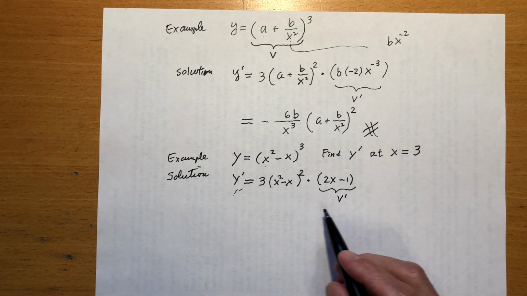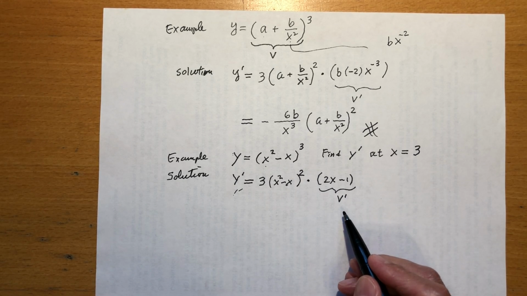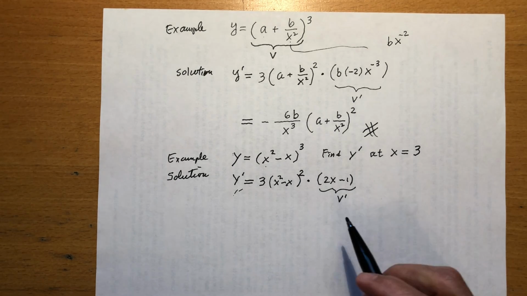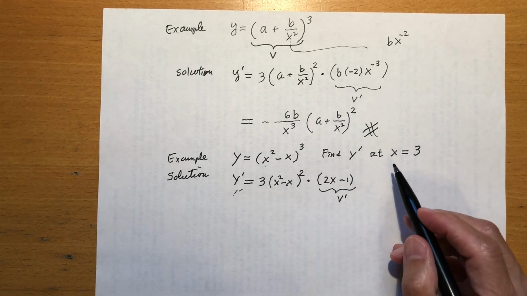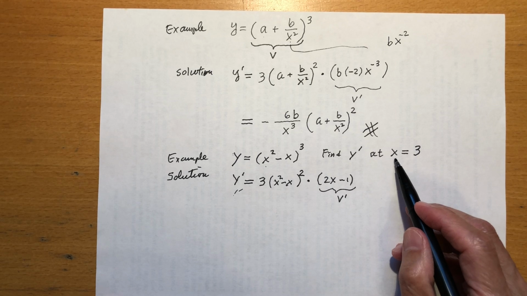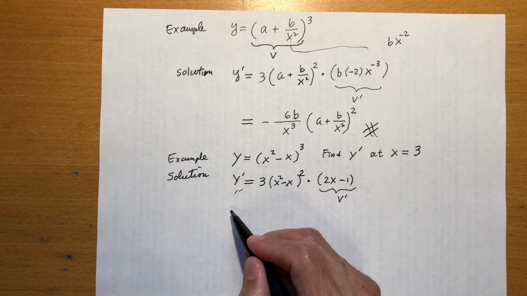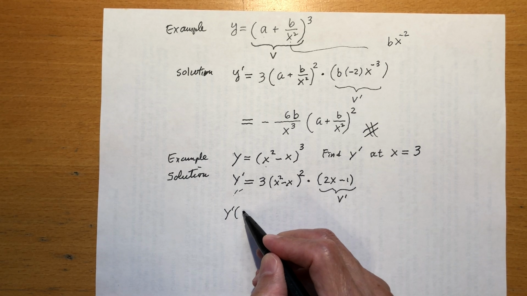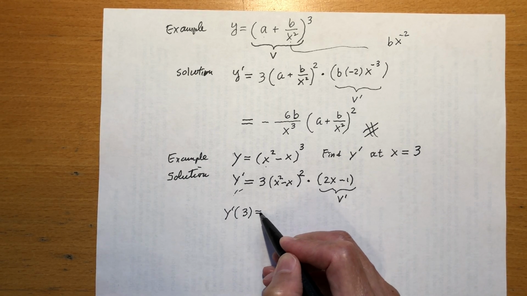Okay, so I rewrite this. Actually, I don't need to rewrite this, right? So this is my derivative. But now it's not the end because my x should be 3. Therefore, I should write clearly my derivative evaluated at x equals 3 should equal to this.